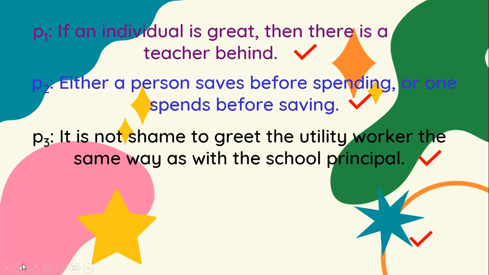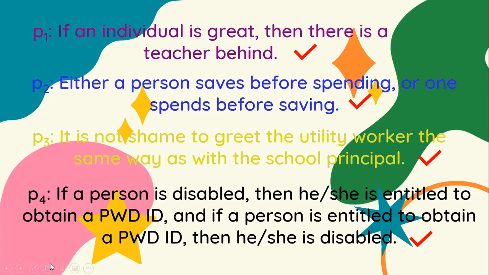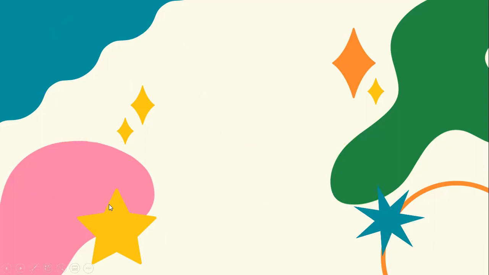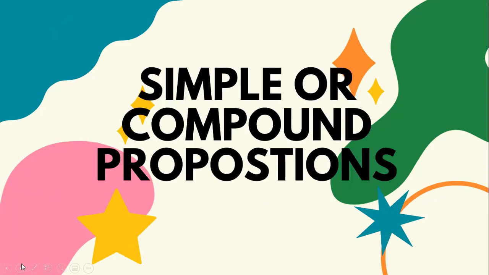The next one is also an example. So all the examples here, including the last statements, are examples of propositions. Short or long, as long as it is a declarative sentence, it is a proposition. Okay, let's have module 14, which is all about simple and compound propositions.